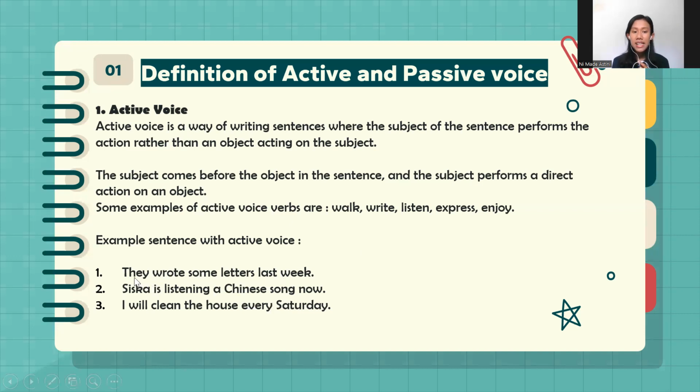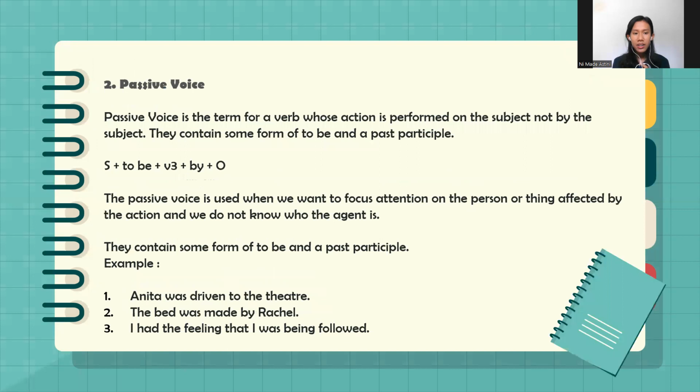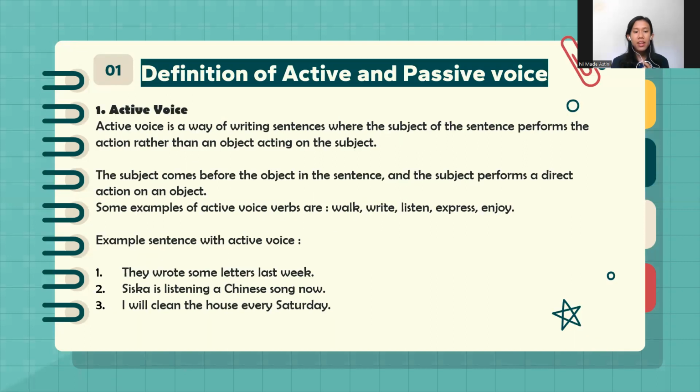The first one is "They wrote some letters last week." The subject here is "they," and it did the action, which is "wrote some letters." The second is "Siska is listening to a Chinese song."